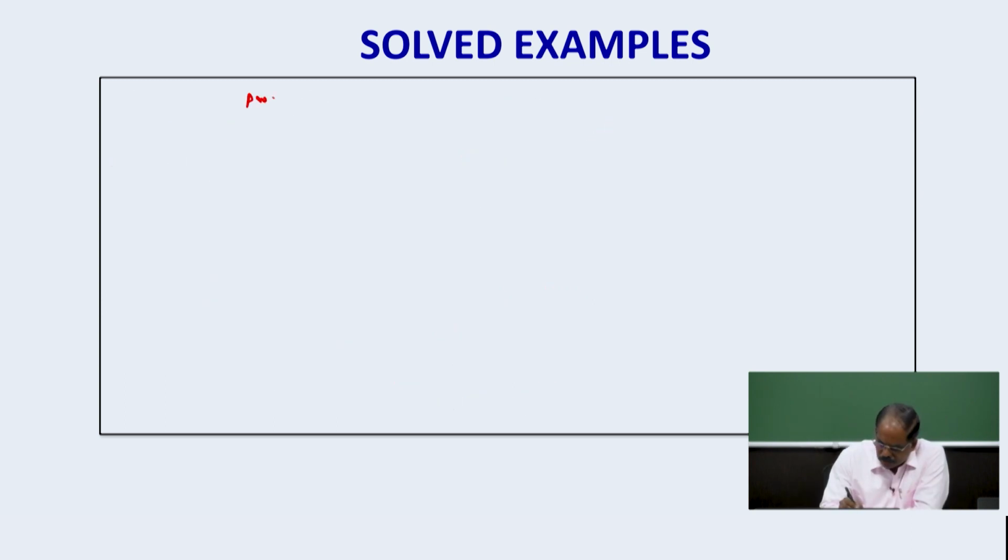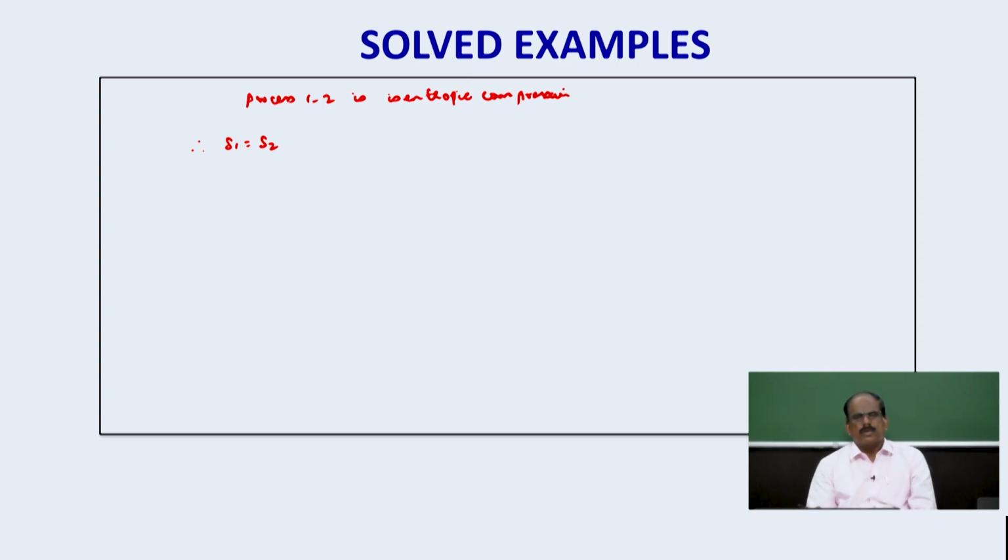Process 1 to 2, let us consider it an isentropic compression. Therefore, S1 is equal to S2.